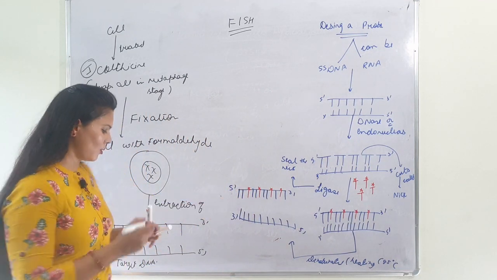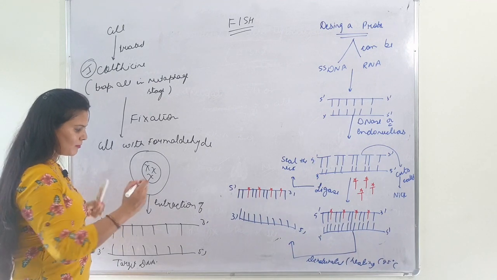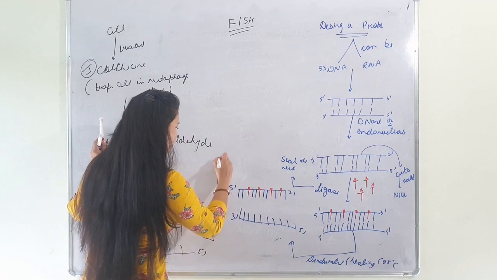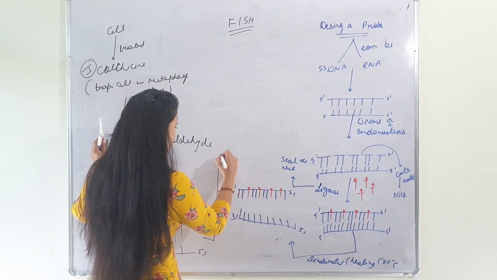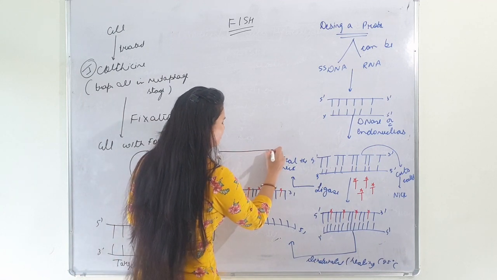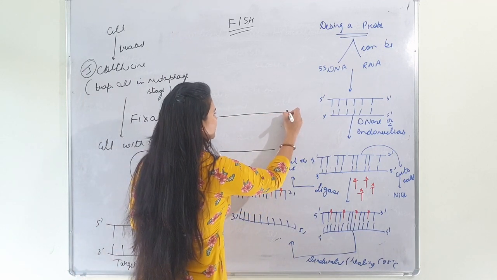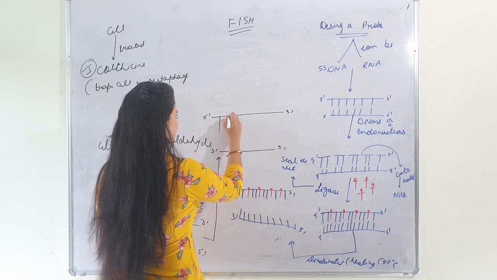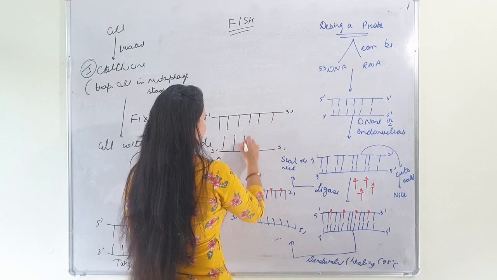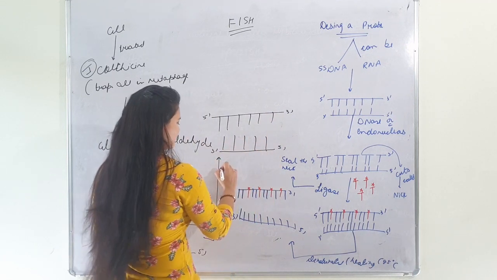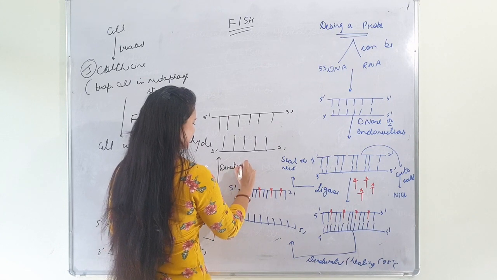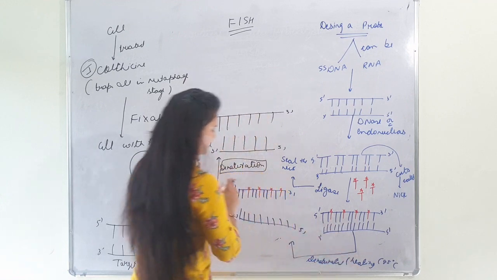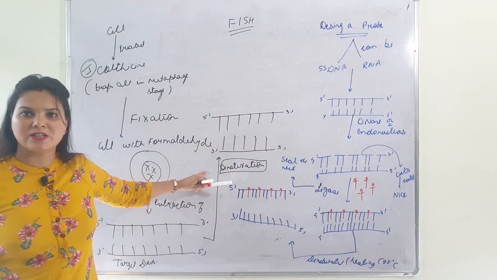This is a denatured probe, and here our sample is also subjected to denaturation so that it can also be converted into single strands, by the same process, heating it at 95 degrees Celsius.